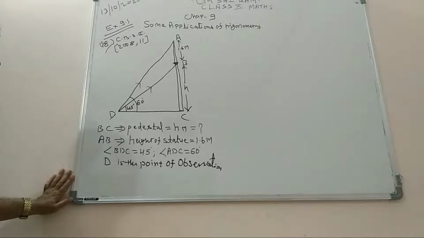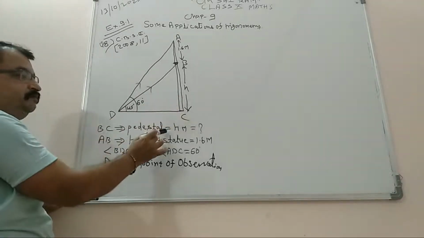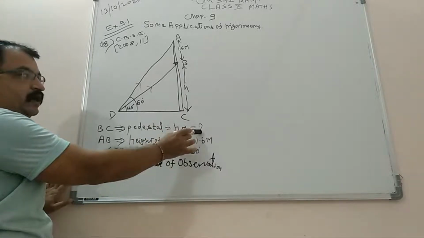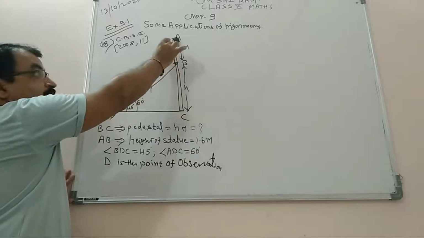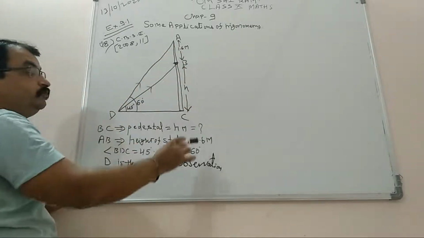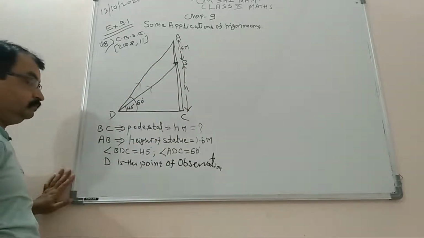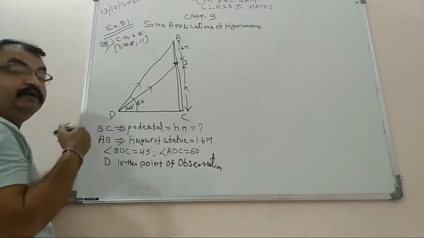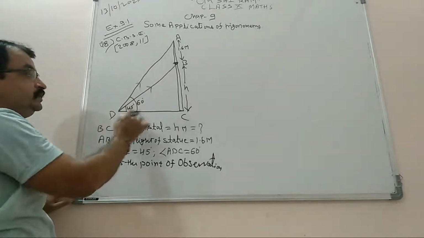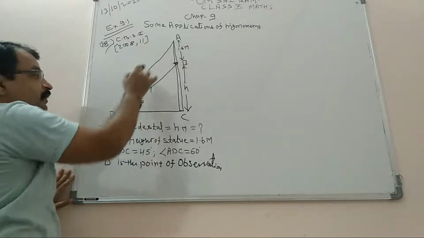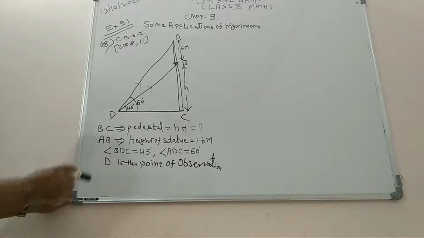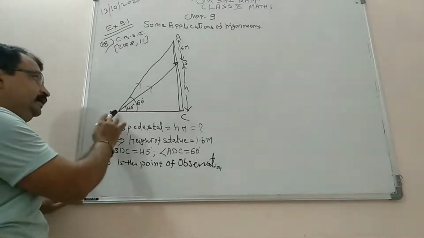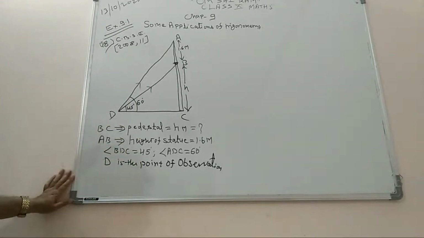I marked everything over here. I'll drop the figure. See, BC is the pedestal. We assumed height as h. This we have to find out. AB is the height of statue, which is already given, children, 1.6 meter. And two angles of elevation we are getting, angle BDC 45 degree and angle ADC 60 degree, and D is a point of observation.